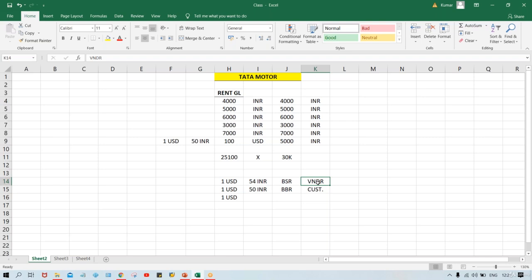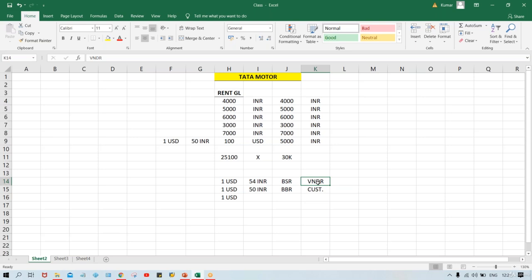Now here, let's suppose we have a vendor, and we have to make payment to that vendor. Whatever amount is in your bank account is in local currency only. If you have to make payment to the vendor, it means we have to make payment in foreign currency, that too in US dollar.